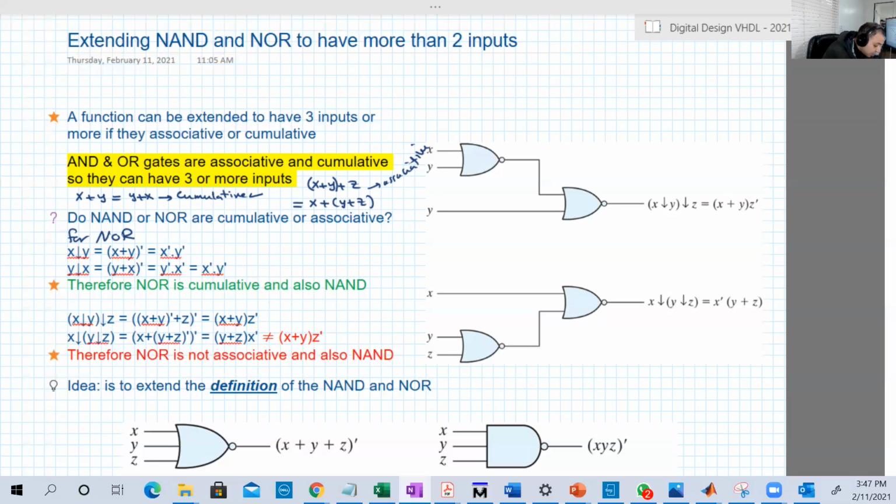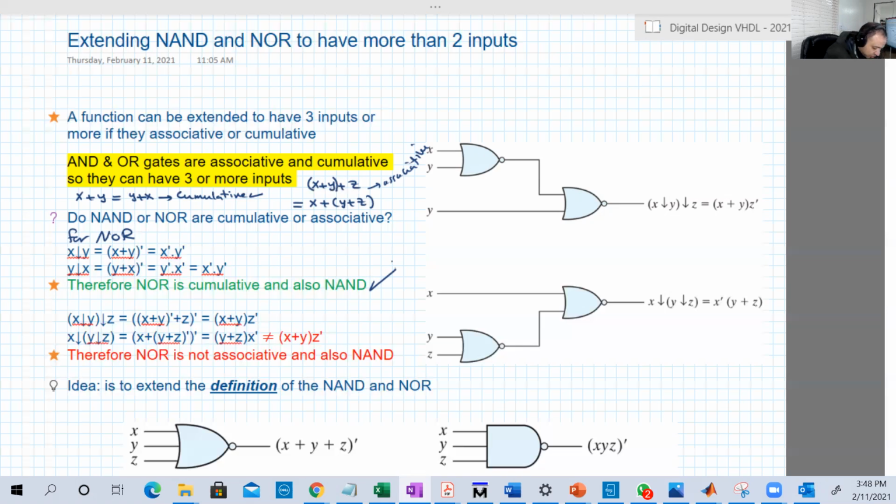Then Y NOR X equals the complement of Y or X, which is equal to Y bar dot X bar, which is basically equal to X bar dot Y bar, because the AND is commutative, so we can interchange the order. So the commutative property is satisfied for NOR, and we can prove the same for NAND.